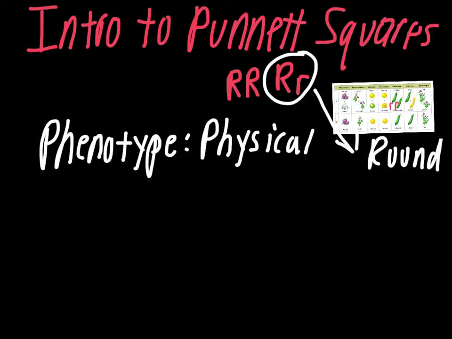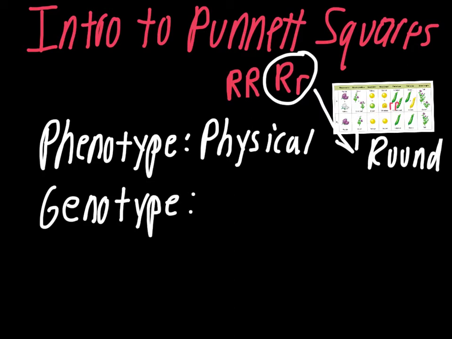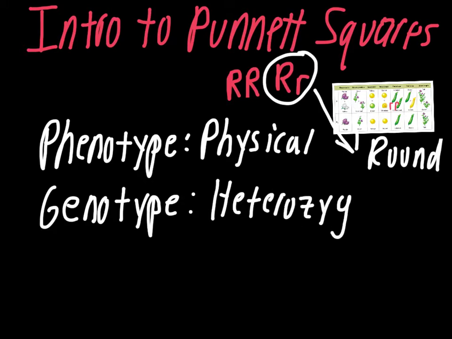The next term is its genotype. The genotype here is heterozygous, or you could just represent it as capital R, lowercase r, because this one has a dominant trait from one parent and a recessive trait from the other.